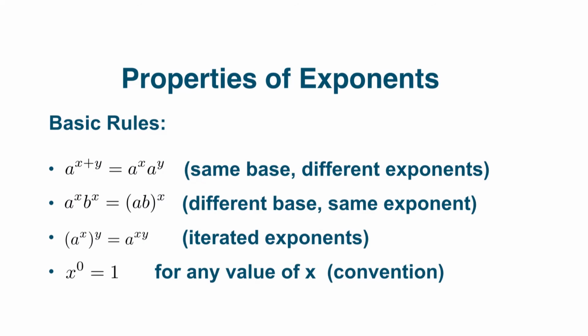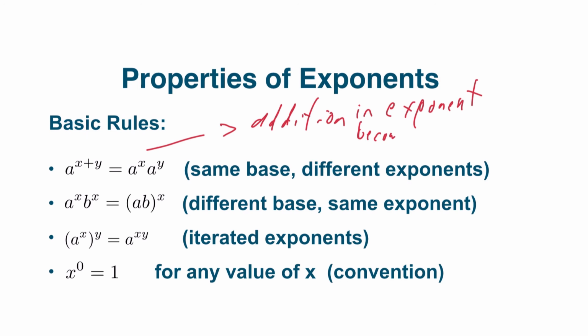So again, let's review some of these basic rules, which may be useful to us as we complete different problems. So of course, first we have that addition in the exponent becomes multiplication outside.